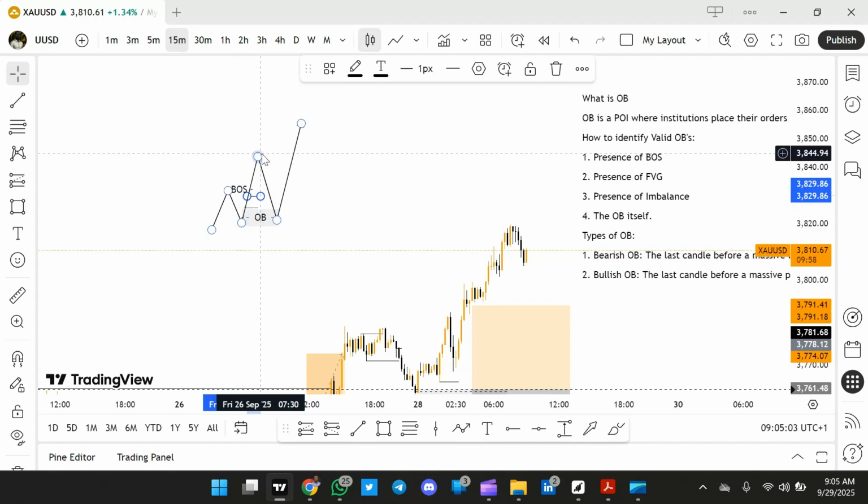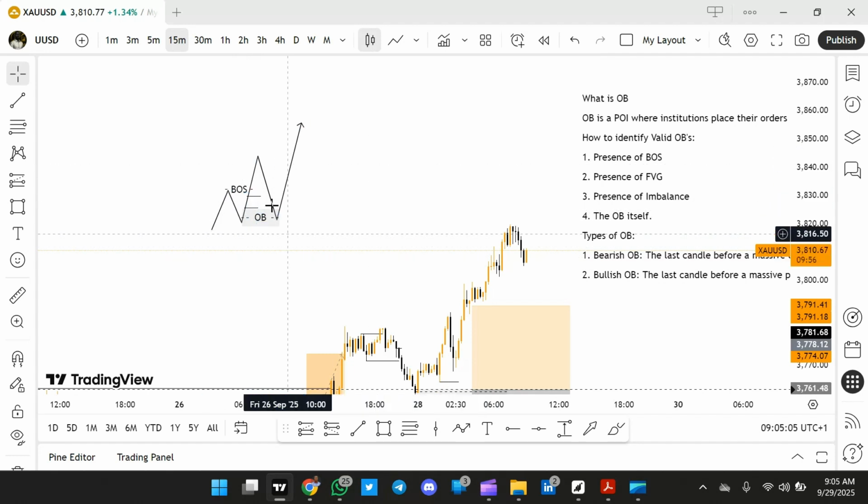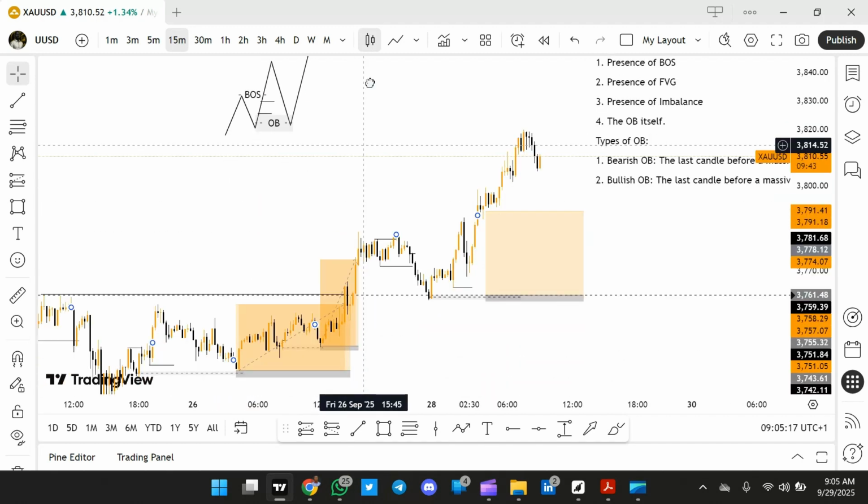All these things have to be present for an OB to be a valid OB: a break of structure, a fair value gap, the OB itself, and then the impulsive move, that's the imbalance. Now let's go to a live chart.